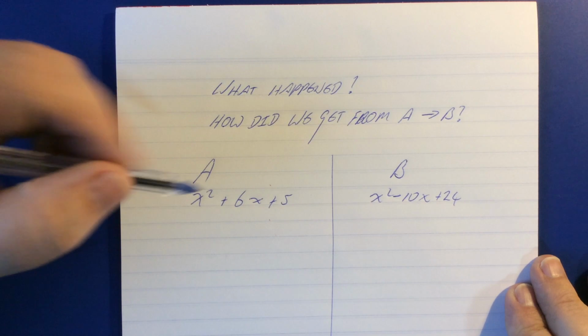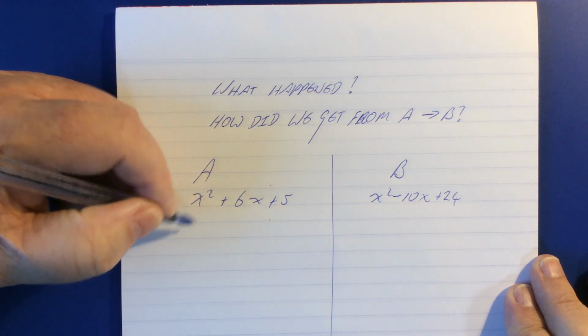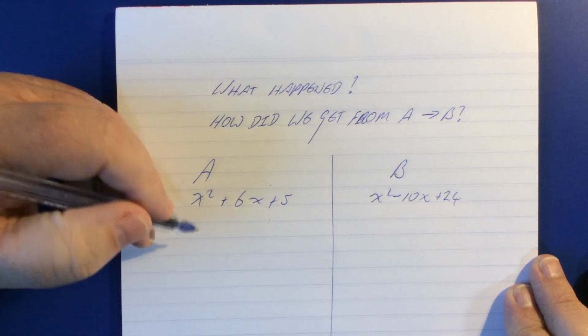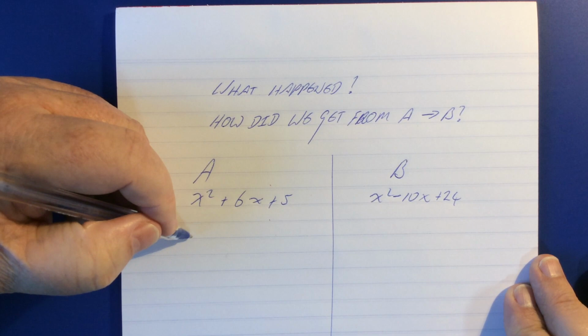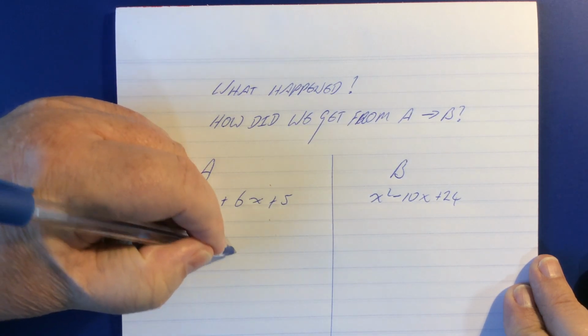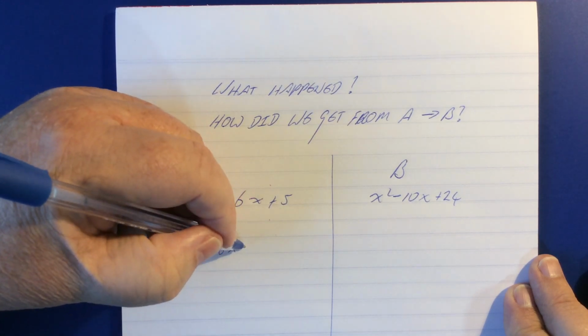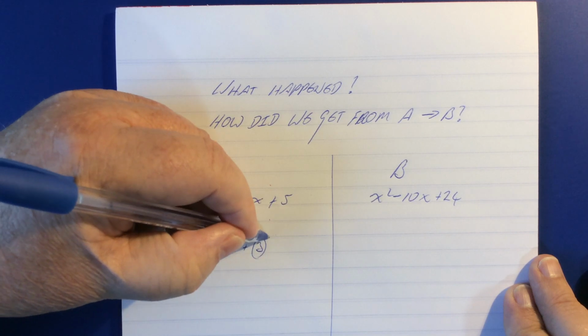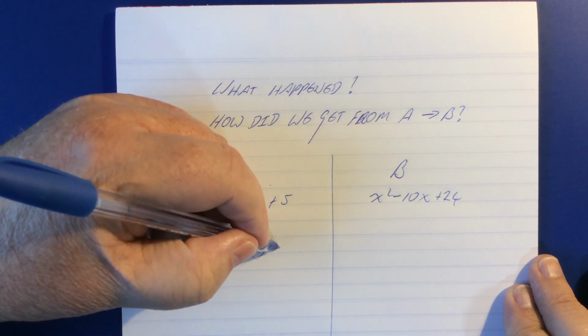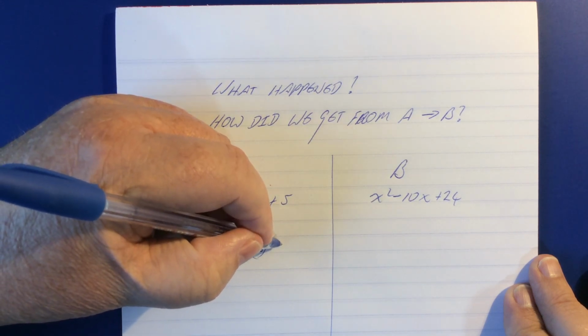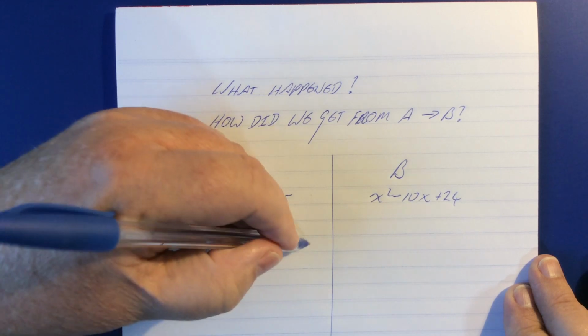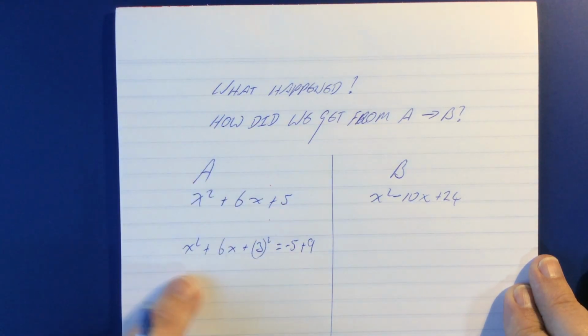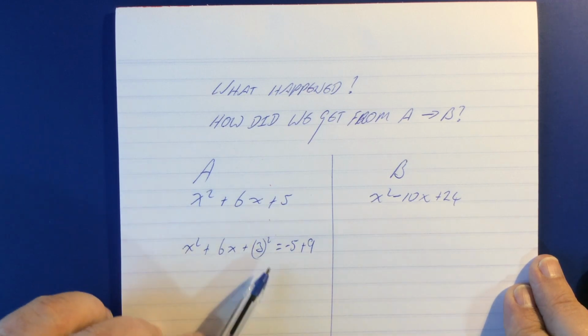Okay, so first things first, let's get this into turning point form, which will allow us to see what's actually going on. So just bear with me while I do this. So hopefully you can see what I'm up to here.